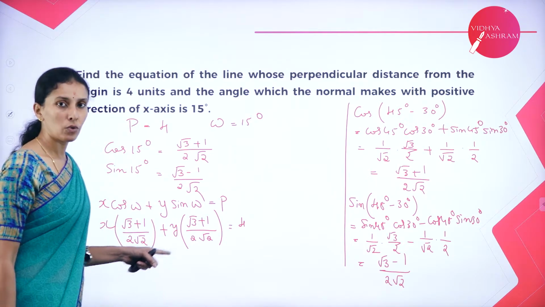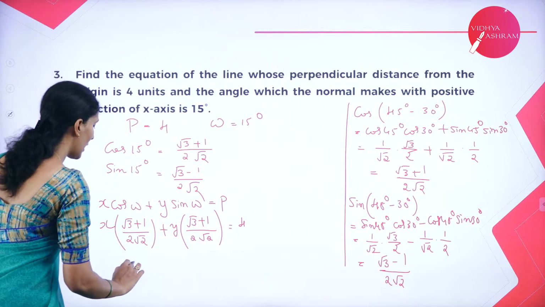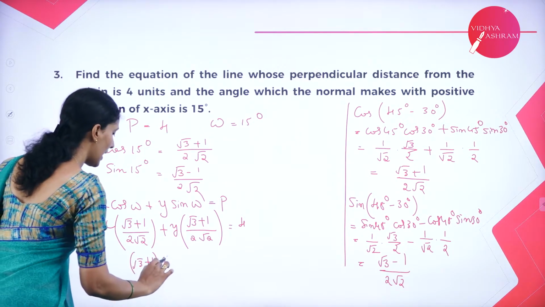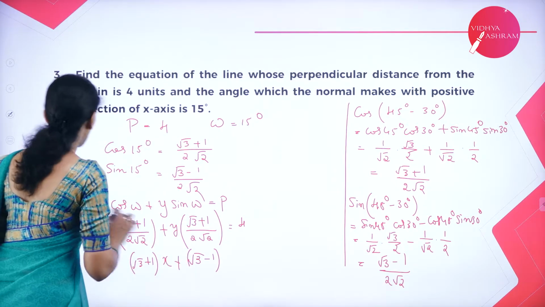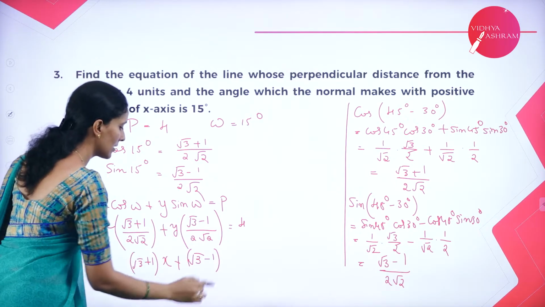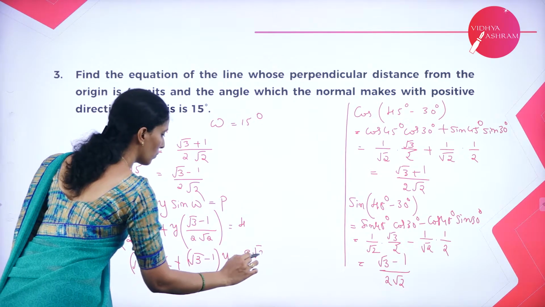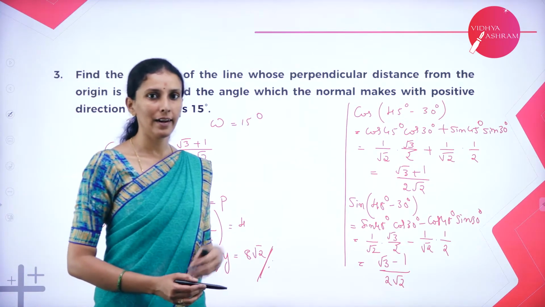Since you have 2 root 2 in the denominator, multiply by 2 root 2 on both sides, you will get root 3 plus 1 into x plus root 3 minus 1, so here it is minus, into y is equal to 8 root 2. You can also shift 8 root 2 to your left hand side and equate it to 0.